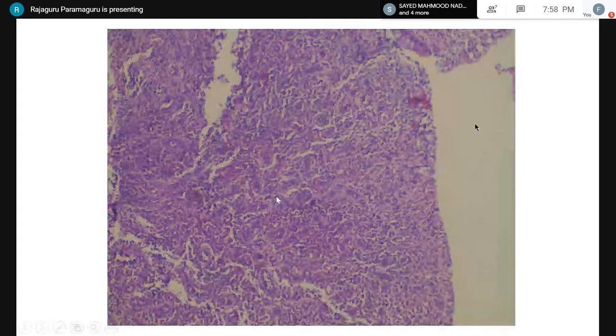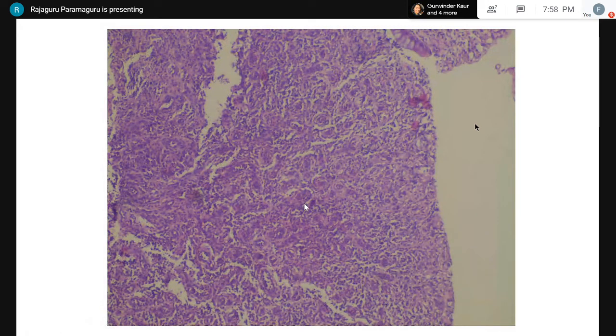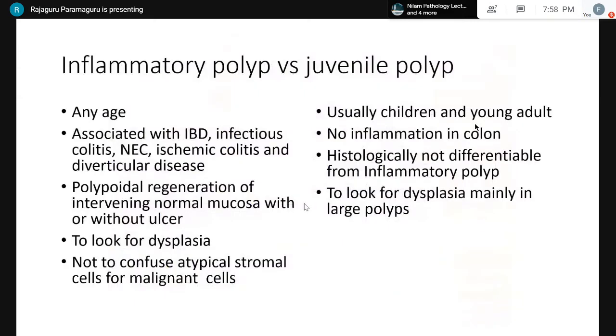In certain cases, the inflammatory polyp might be composed only of inflammatory granulation tissue. I think you all know that inflammatory polyps are just the regenerating mucosa between the ulcerated areas, and that polypoidal regeneration can show ulcer or might not show ulcer.